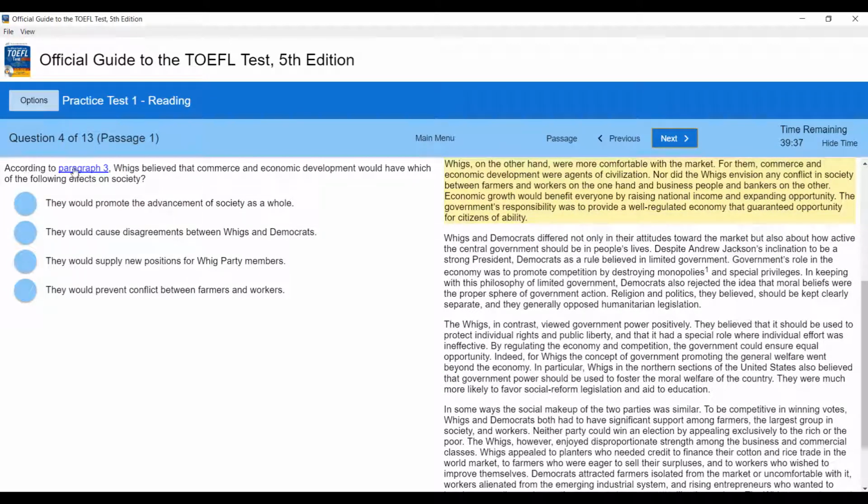Okay, next, this is another detail question. So I'm looking for some of the key words here. Whigs believed that commerce and economic development would have which of the following effects? So commerce and economic development, I need to find that in this text. So for them, commerce and economic development were agents of civilization.